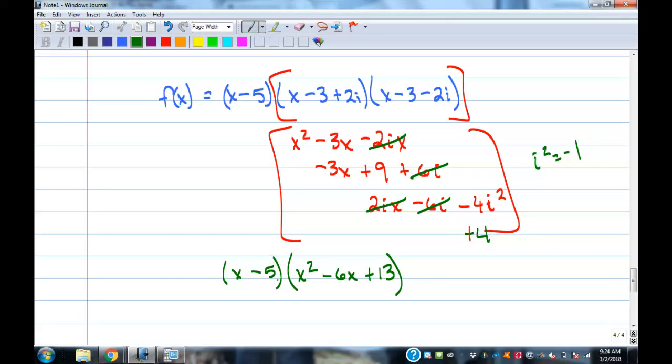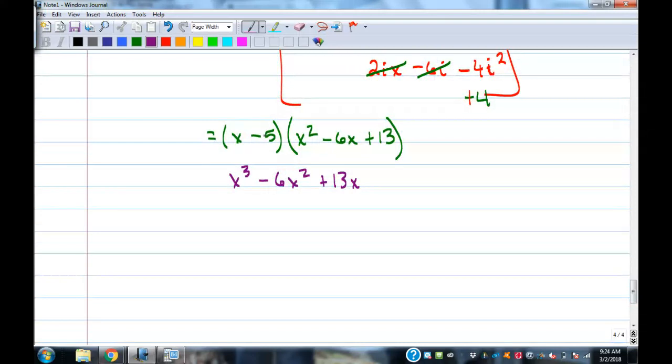Now all we've got to do is multiply this together, which we've done before. That's going to be x cubed minus 6x squared plus 13x minus 5x squared plus 30x minus 65.